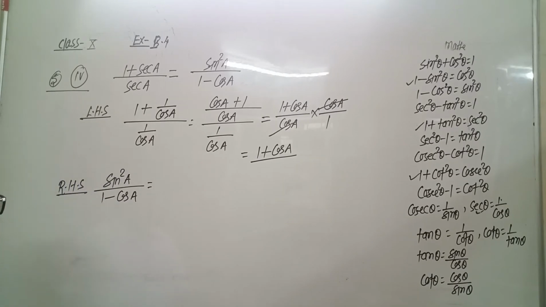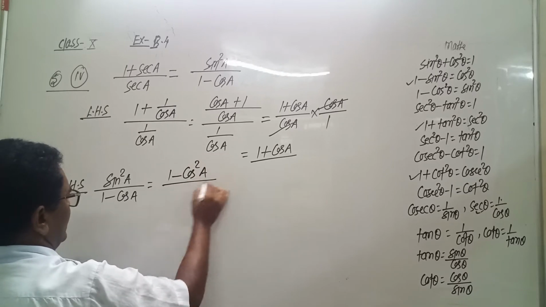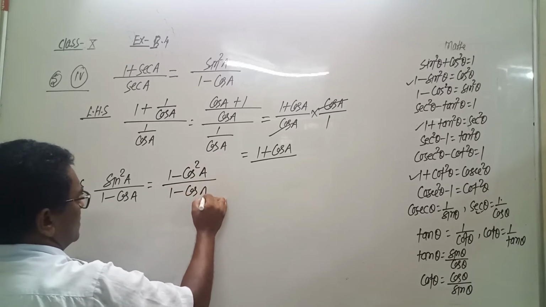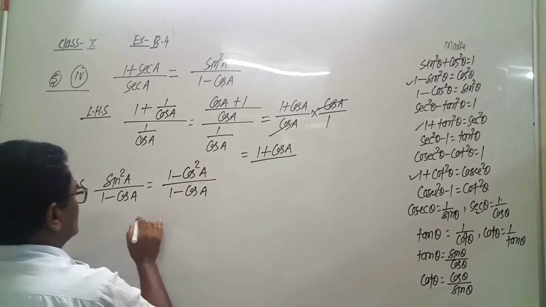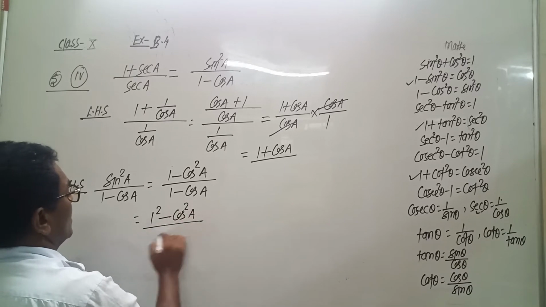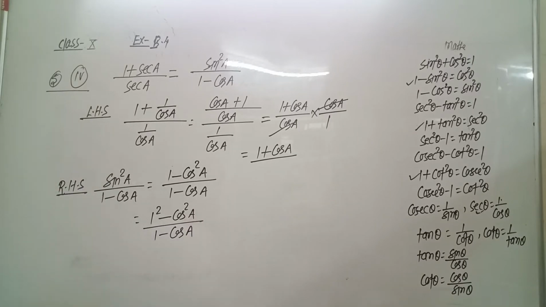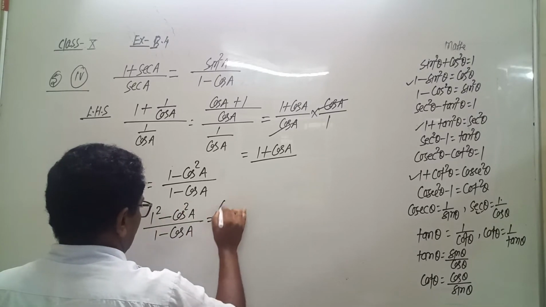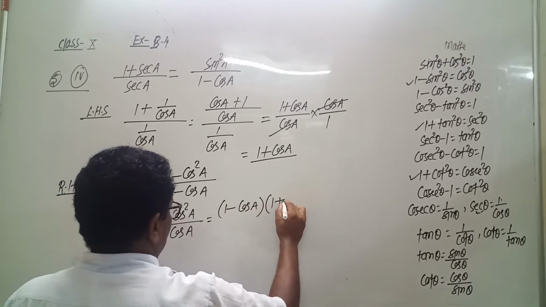So sin square A is written as (1 minus cos square A) upon 1 minus cos A. This 1 can also be written as 1 square, so 1 square minus cos square A upon 1 minus cos A. Now this will be expanded on the formula A square minus B square, which is (A minus B)(A plus B).